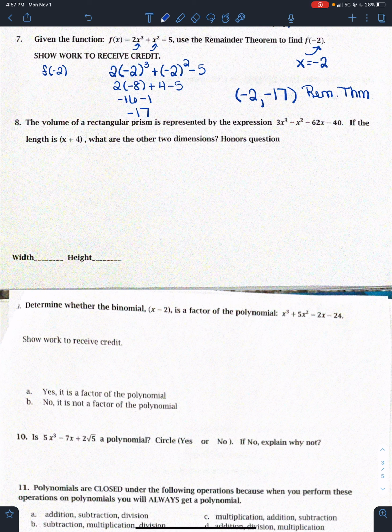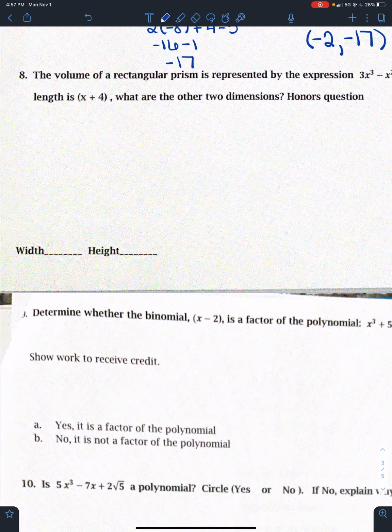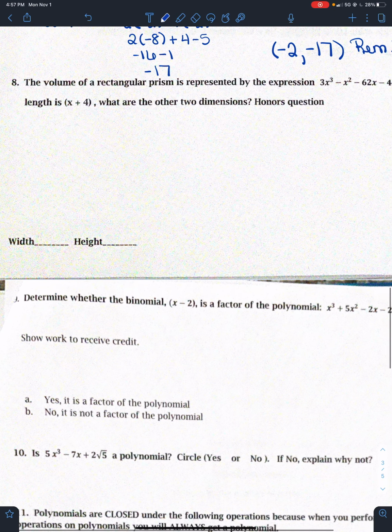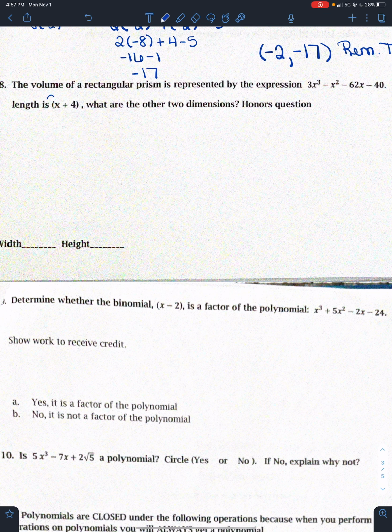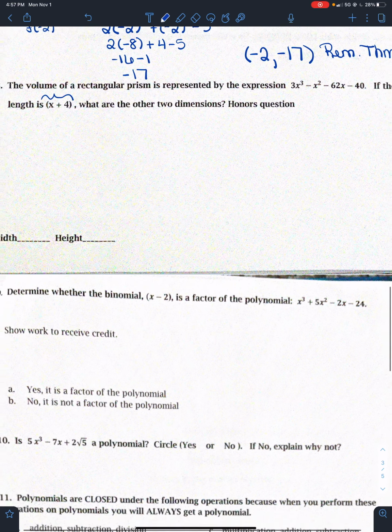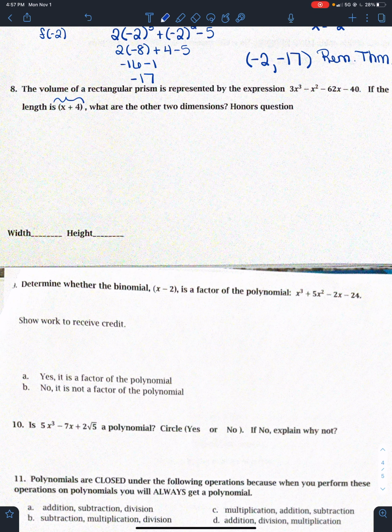The volume of a rectangular prism is represented by the expression 3x cubed minus x squared minus 62x minus 40. If the length is x plus 4, what are the other two dimensions? Okay. Looking at this one, knowing that I have this as my divisor, I can use synthetic division or I can use long division, whichever you prefer.